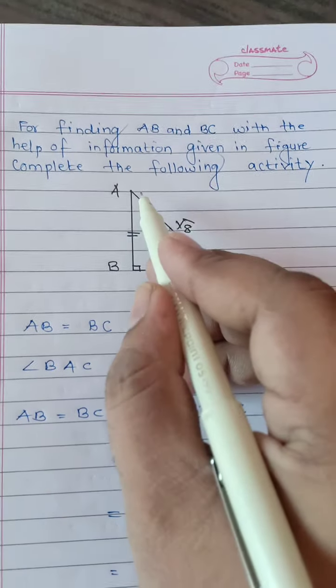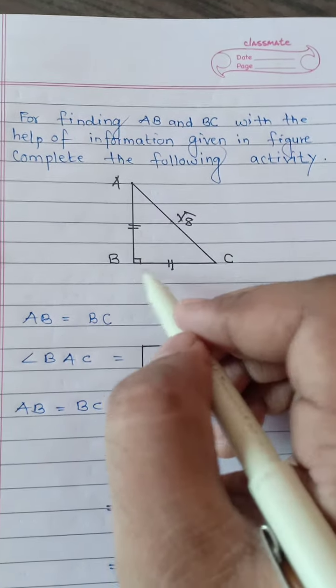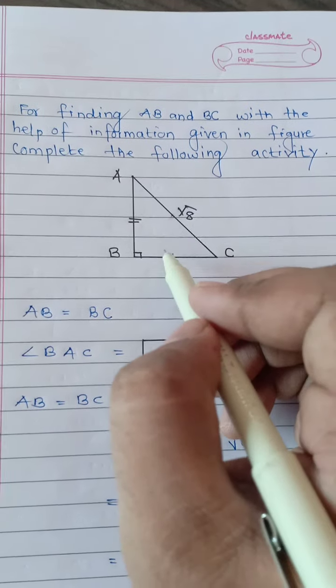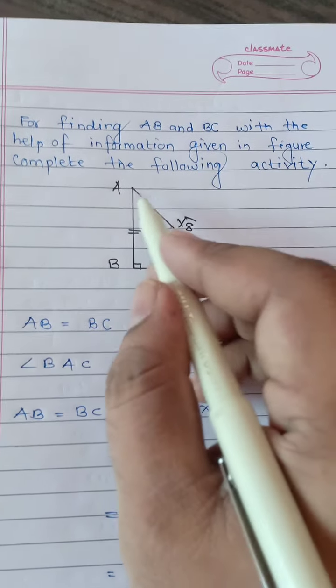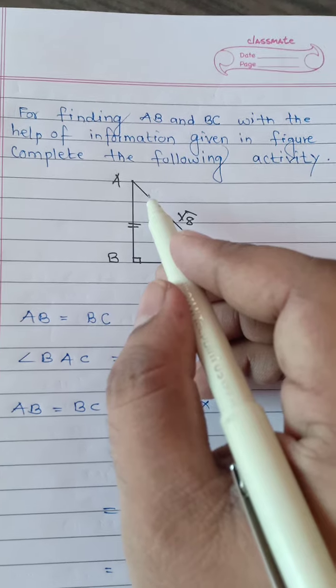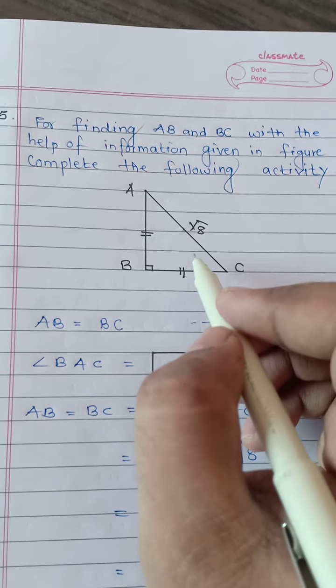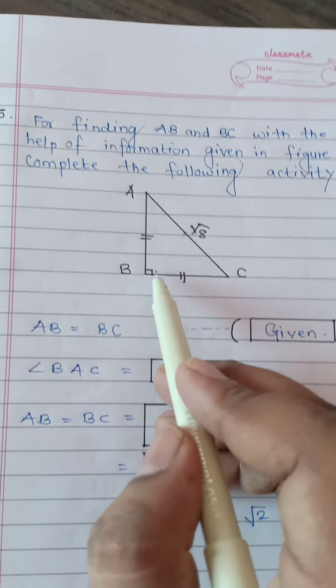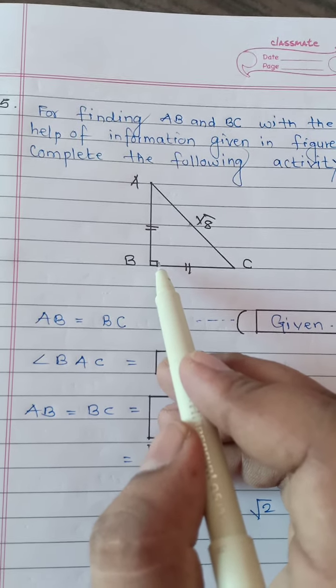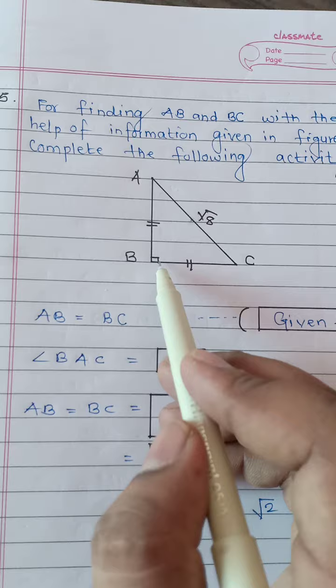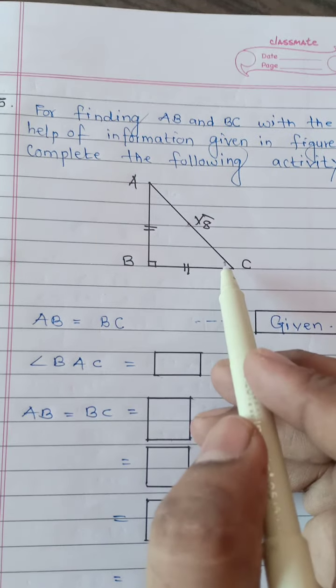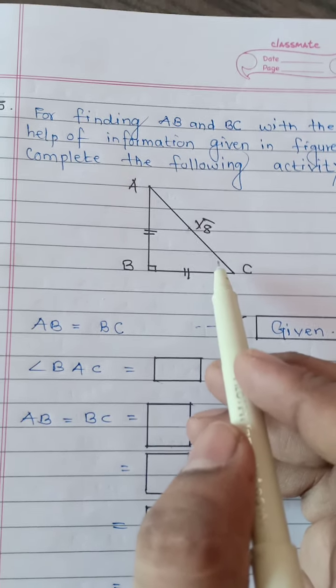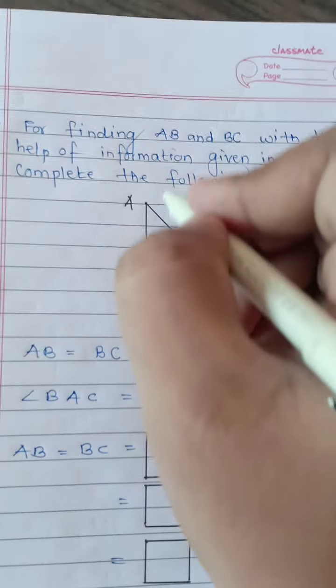Now as we have seen that AB and BC are congruent sides, this triangle becomes an isosceles right angle triangle. Correct? Because two sides are equal, it means it is an isosceles triangle. Now one of the angles of this isosceles triangle is 90 degrees, so the remaining two acute angles are 45 degrees each.